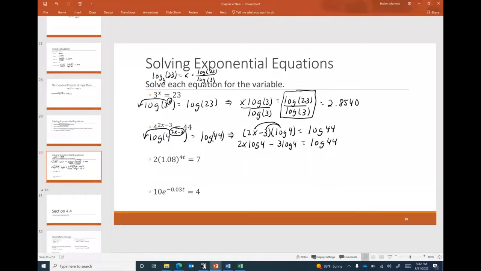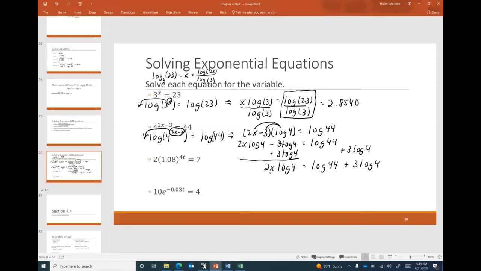All right, I'm solving for x, so let me get this term without x over to the other side. Let's add 3 log 4 to both sides. So these add out, and on the left-hand side I'm left with 2x times log 4, and that's going to be equal to log 44 plus 3 log 4.